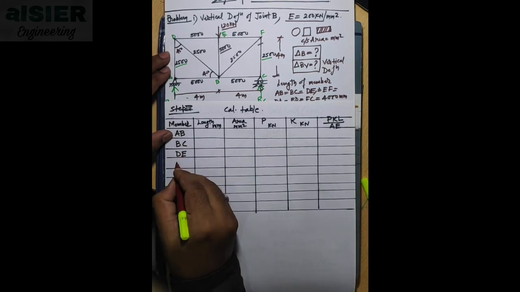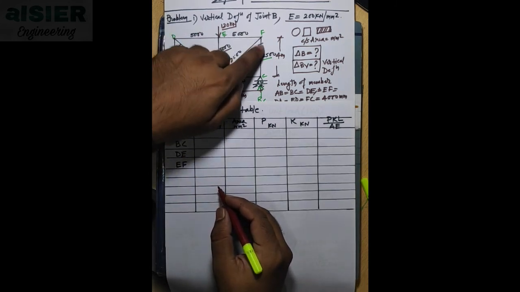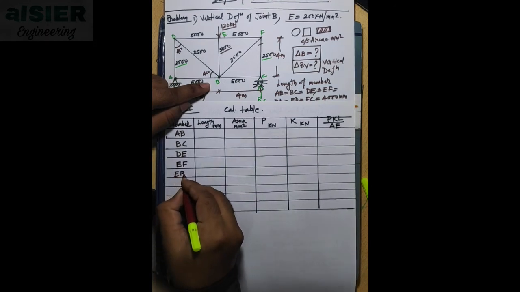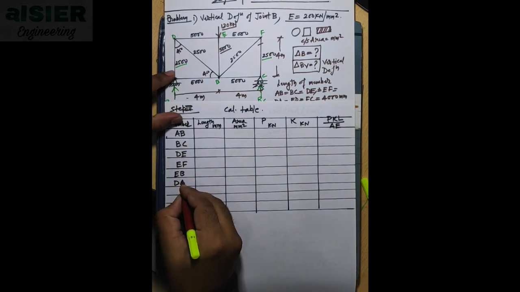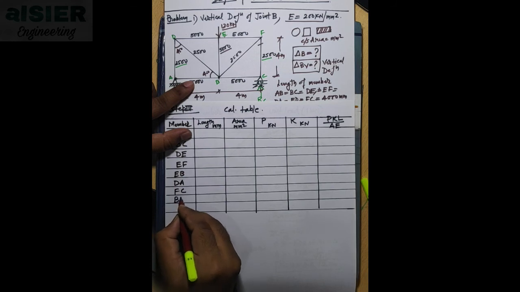Then we will write down vertical members: first the center one, that is EB, then DA and then FC. And at last the inclined members, BD and DF.